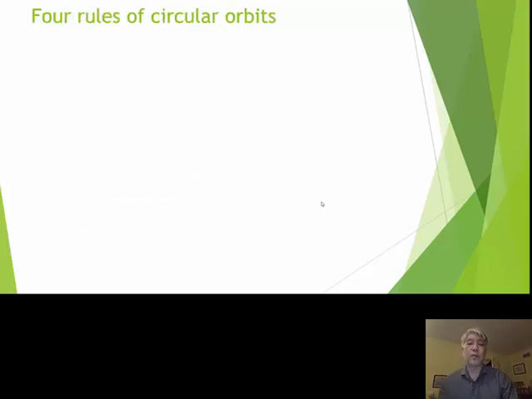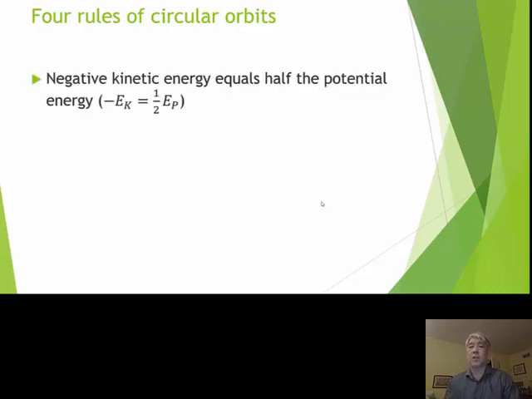So we end up with 4 rules of circular orbits. Really, there's only one rule, but the other 3 can be derived from the fact that total energy is the sum of kinetic plus potential. This is the rule that I would prefer that you memorize, and we'll show the derivation for it: negative kinetic energy is going to equal half the potential energy.